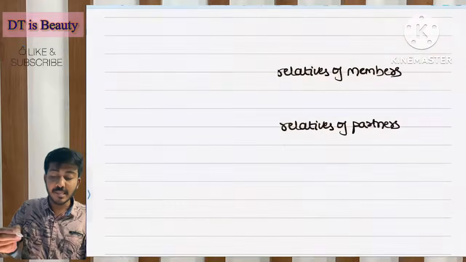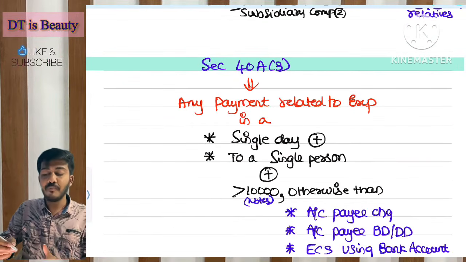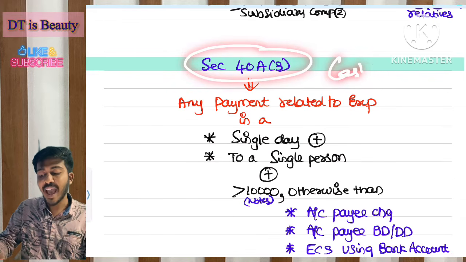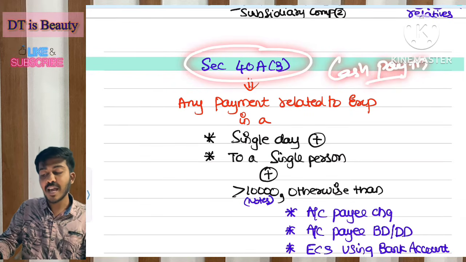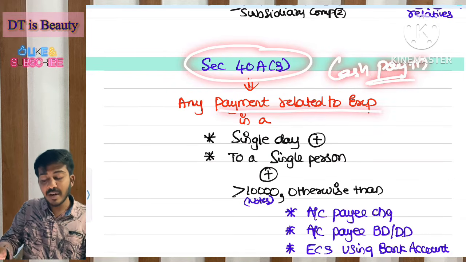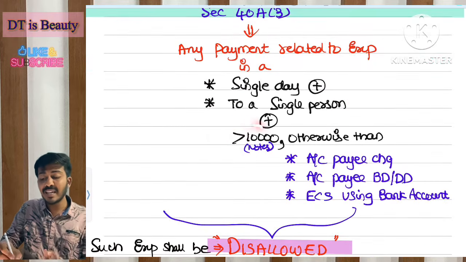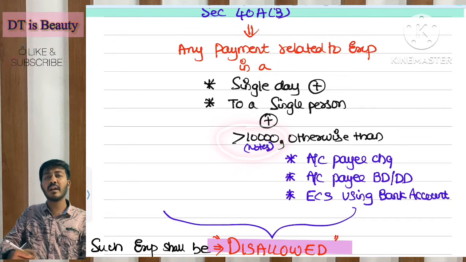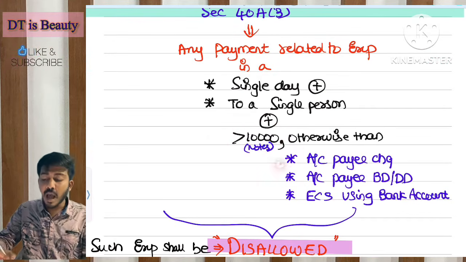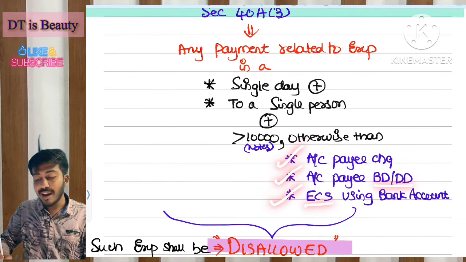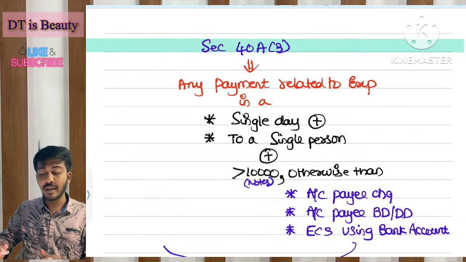Come to the next case. The next section is 40A(3). 40A(3) speaks about cash payments. What are these cash payments, sir? Any payment related to any expense, in a single day to a single person, that you make greater than 10,000 otherwise than by account payee cheque, account payee bank draft or demand draft, or electronic clearing system using a bank account.